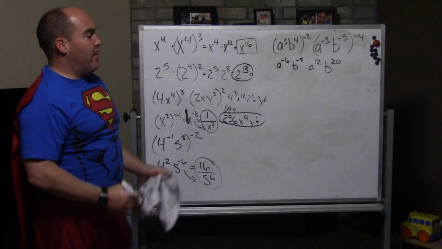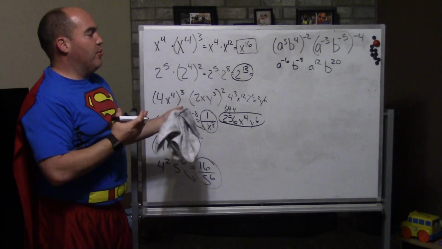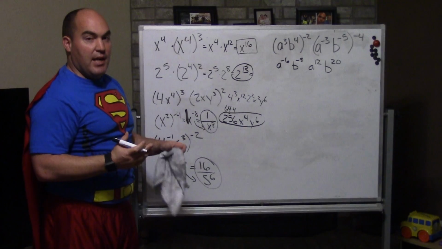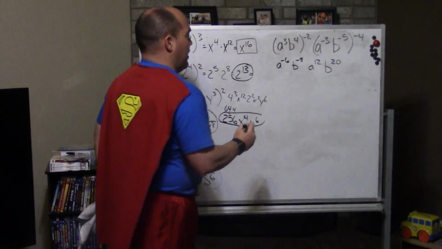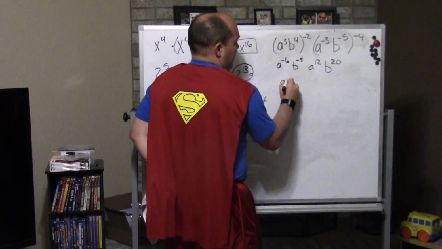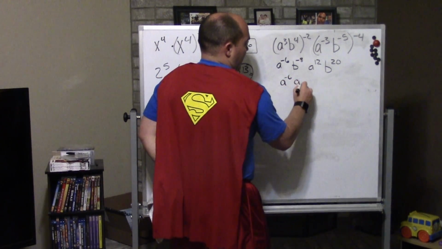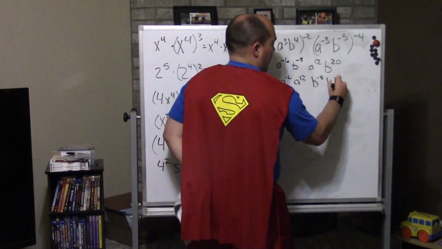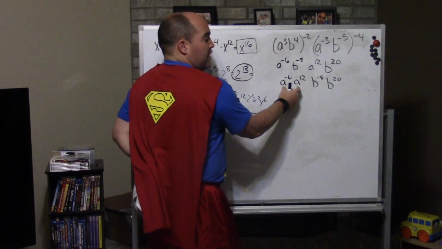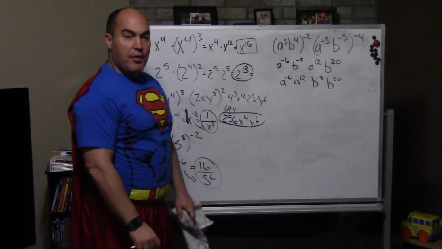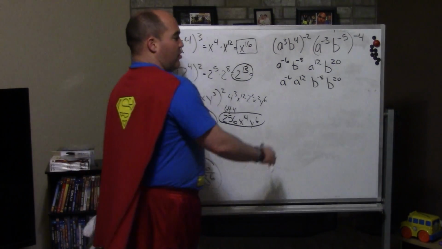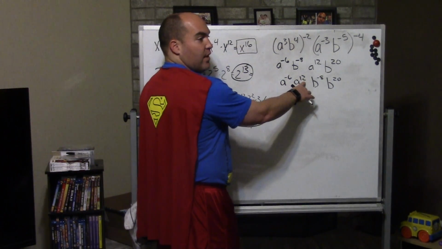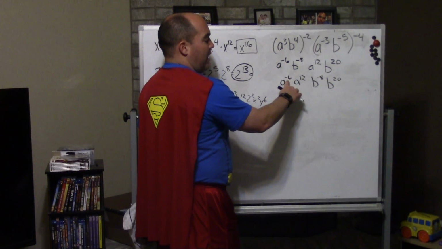Okay? So now you can just do the work from there, or if it helps you to reorganize it to make sure you know what you're doing, then you can do that too. So if we put the a's together, a to the negative 6th and a to the 12th, and then b to the negative 8 and b to the 20. Remember, when you have the same base, all you have to do is add the exponents. So if we have a 12 and a negative 6, or a negative 6 plus 12, that's the same thing as 12 minus 6.